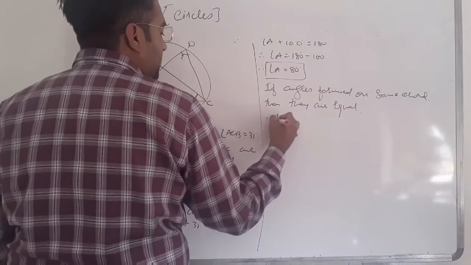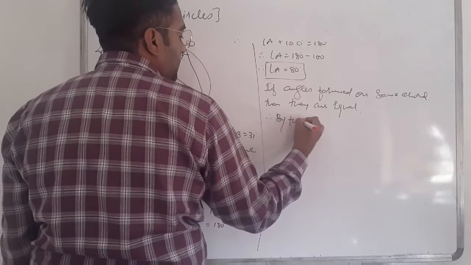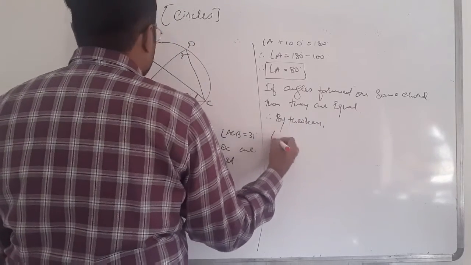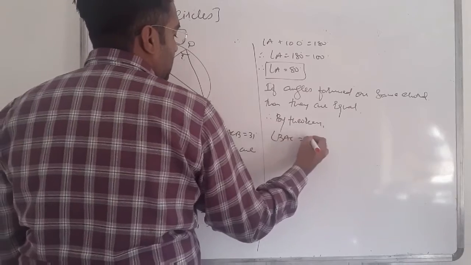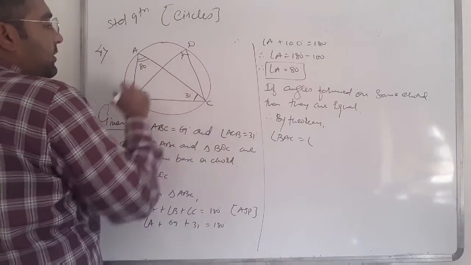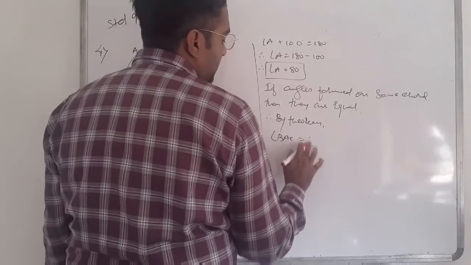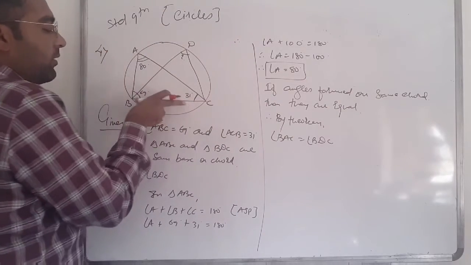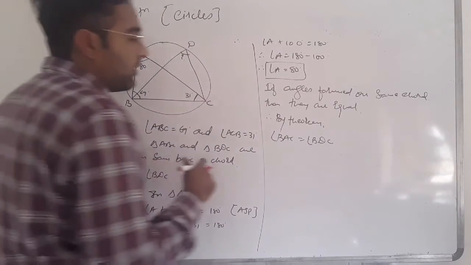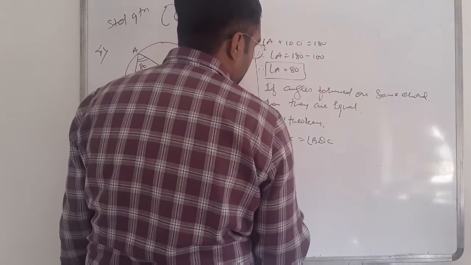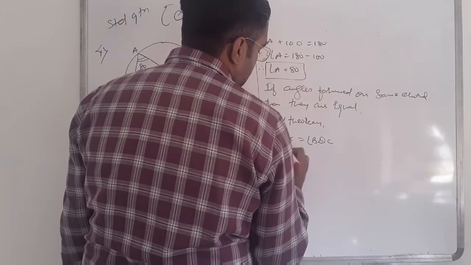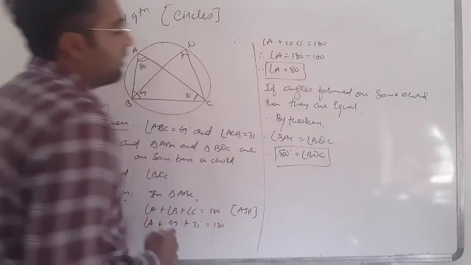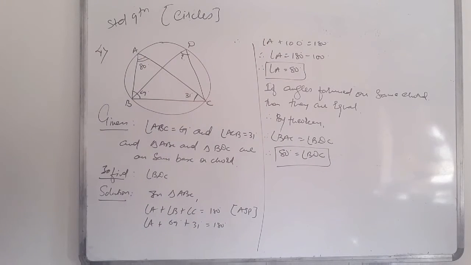So by theorem, angle BAC is equal to angle BDC, because both of the angles are forming on the same chord. Therefore BDC is also equal to 80 degrees. Clear that? So please note down this.